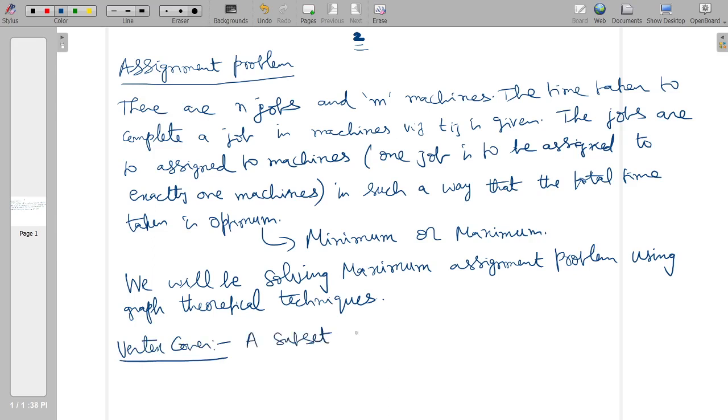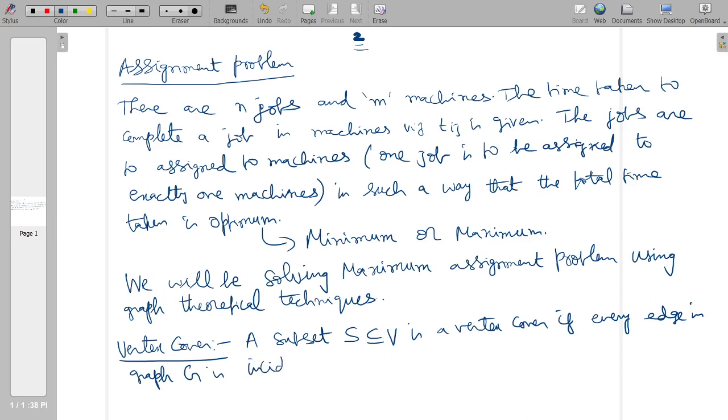A subset S contained in V is a vertex cover if every edge in graph G is incident with a vertex in S.